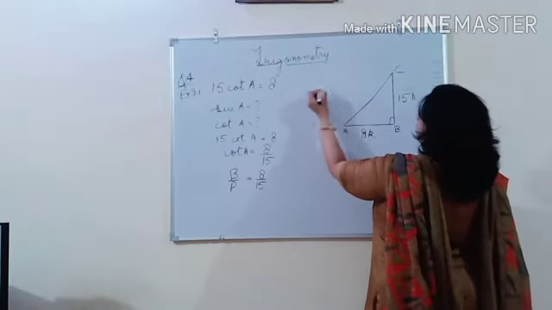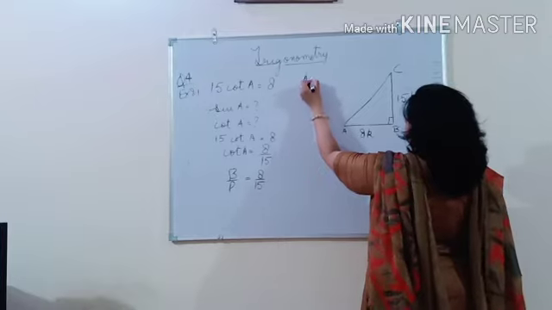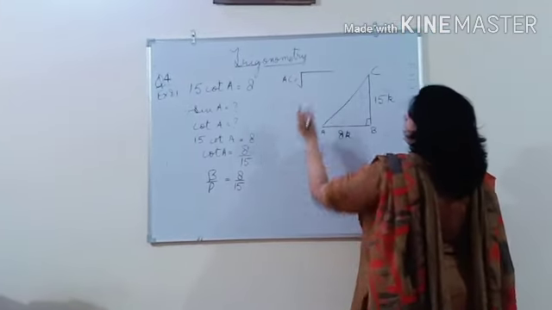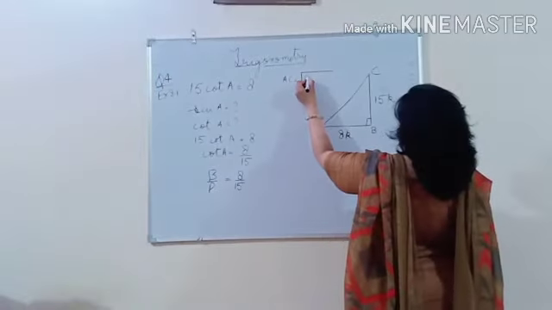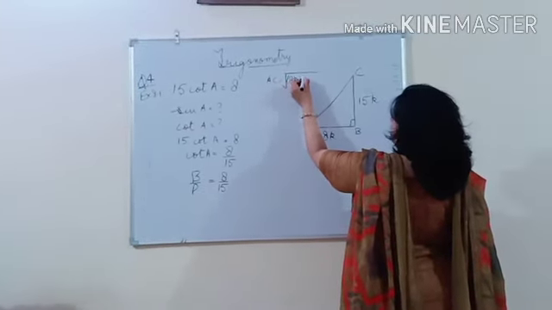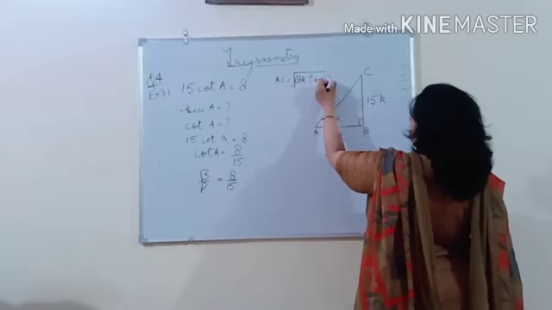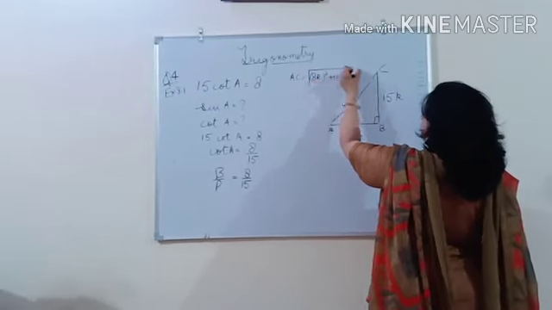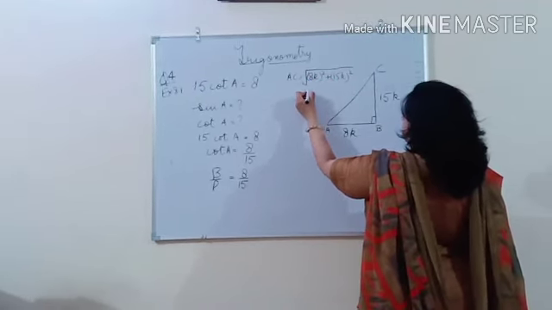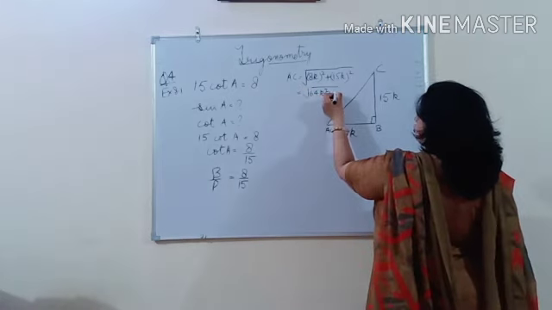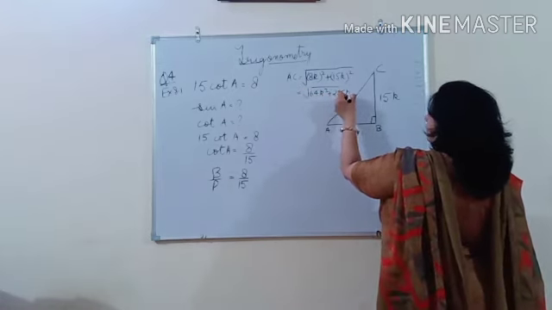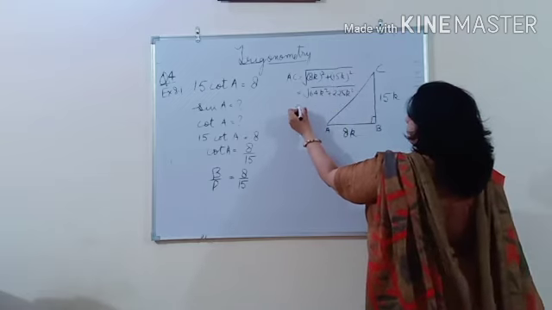Now let us find hypotenuse. AC will be equal to under root of 8K whole square plus 15K whole square, which is under root of 64K square plus 225K square.